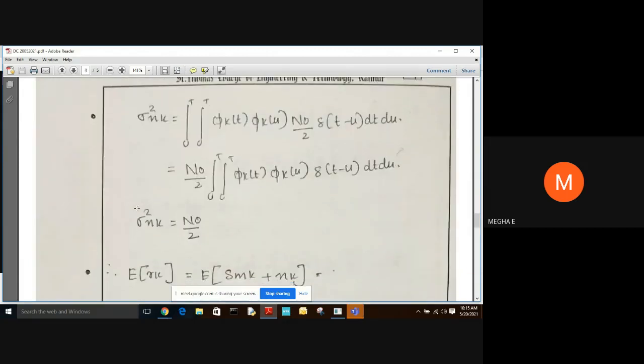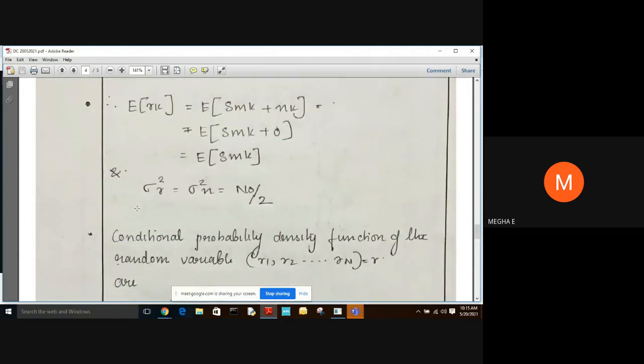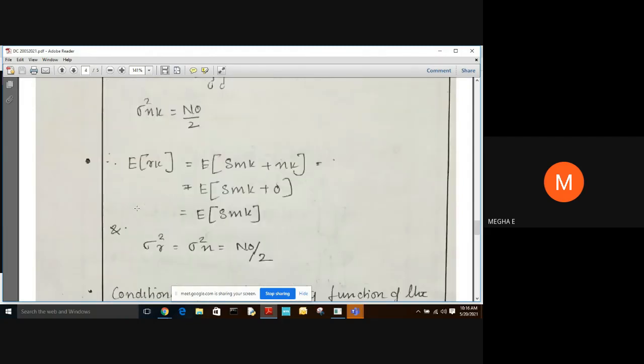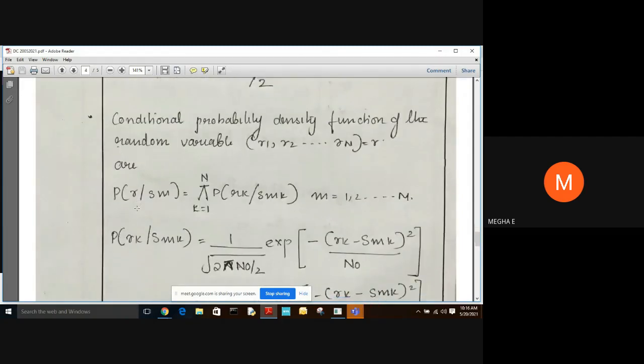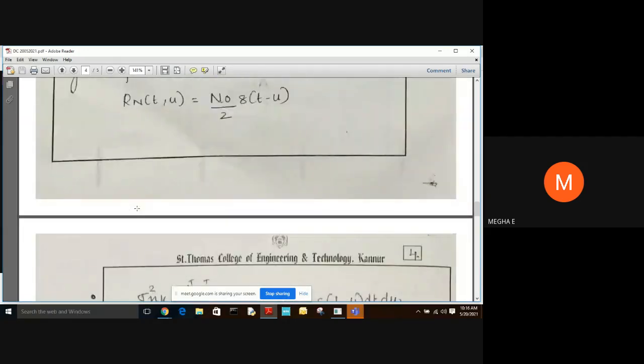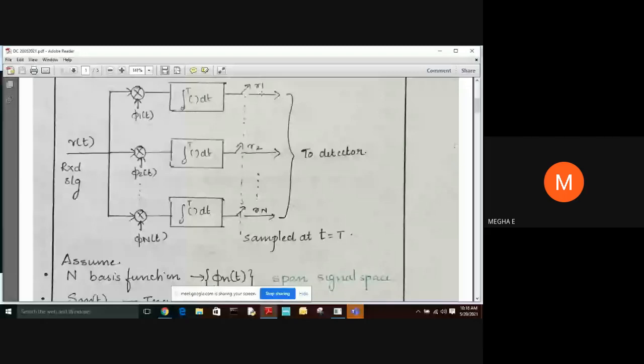Then we found the variance of the noise, and the expectation of RK. Then we defined the conditional probability of this vector component. We found the conditional probability of the vector components R1, R2, R3, up to Rn.